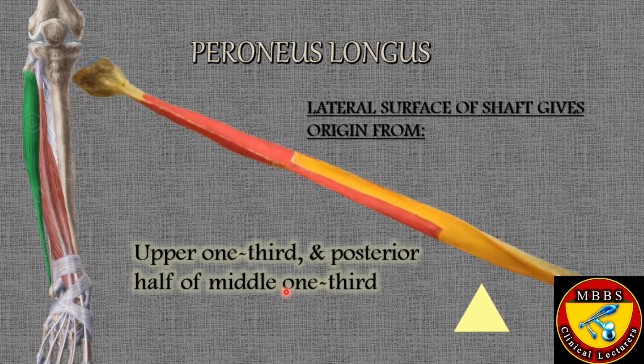As you can see, this is upper 1/3, this is middle 1/3, and this is lower 1/3, right? So upper 1/3, highlighted in red color. This is the lateral surface, which is slightly twisted backward in its lower part, and this is the upper 1/3 and posterior half of middle 1/3. Now this will be the posterior half of the middle 1/3.